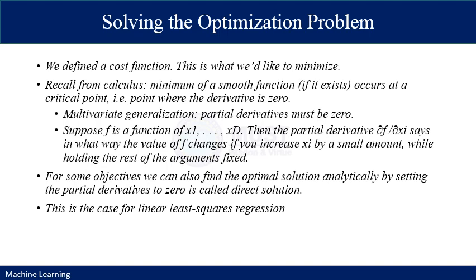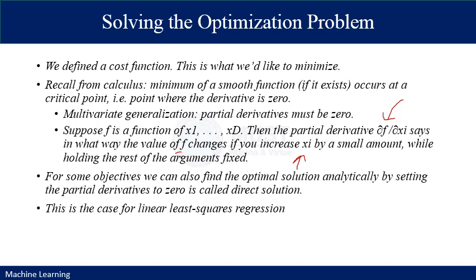Suppose we have a function f which consists of a number of input features. The partial derivative, displayed in this form, says in what way the value of this function changes if you increase the input feature vector value by a small amount while holding the rest of the arguments fixed.